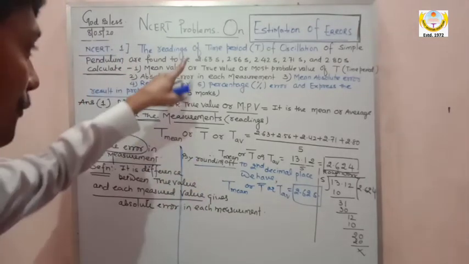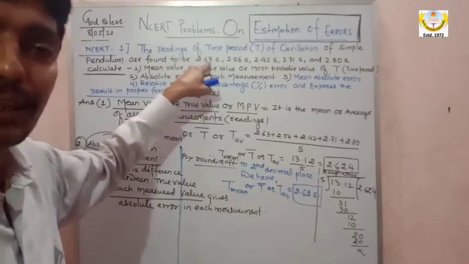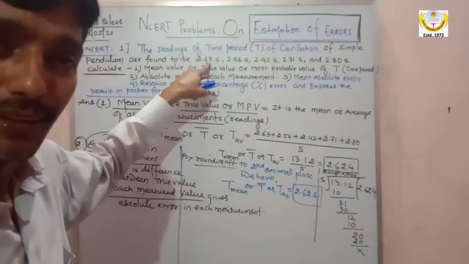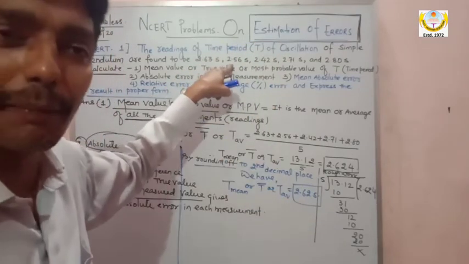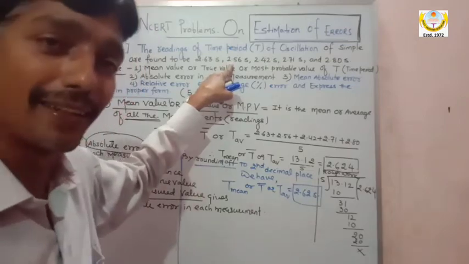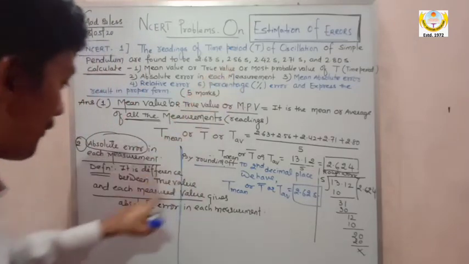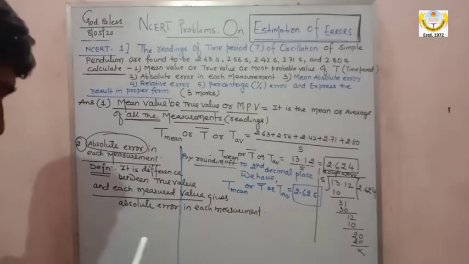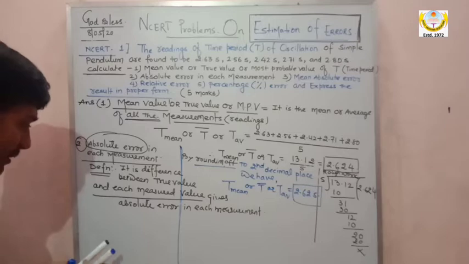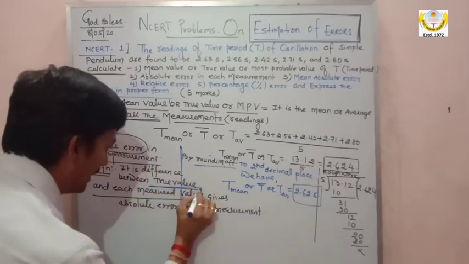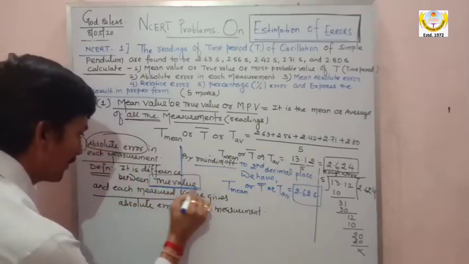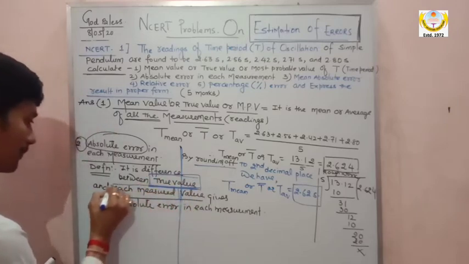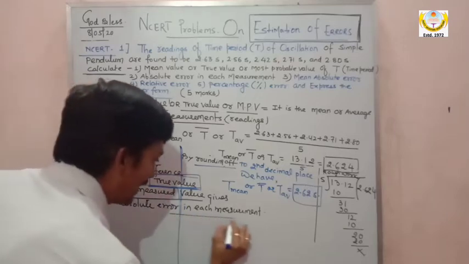So if I take the true value minus the first measured value, it will give the first absolute error. True value minus the second measurement will give the second absolute error. The definition is so clear; you can see it again and underline the very good words: it is a difference between true value and each measured value, and it gives absolute error in each measurement.